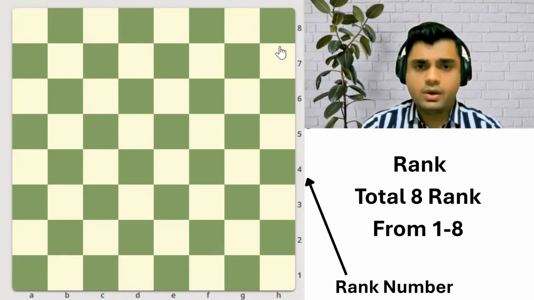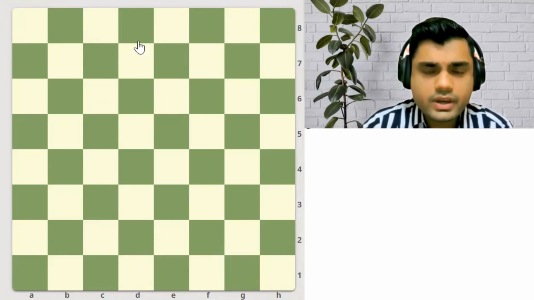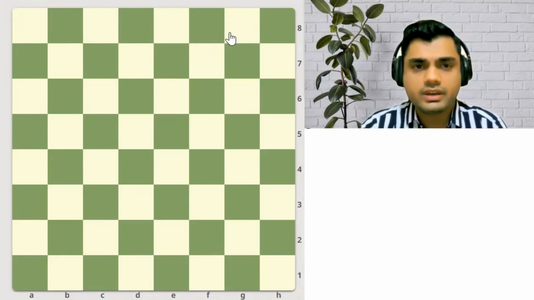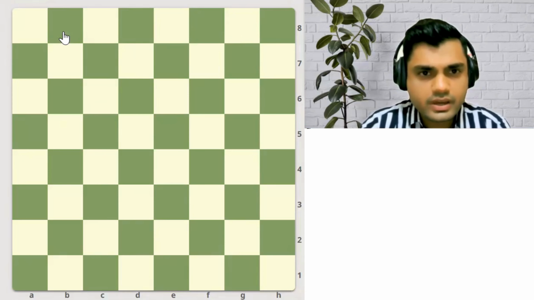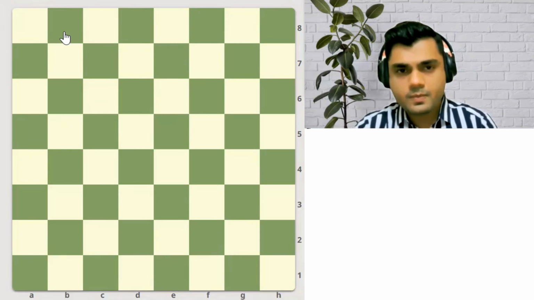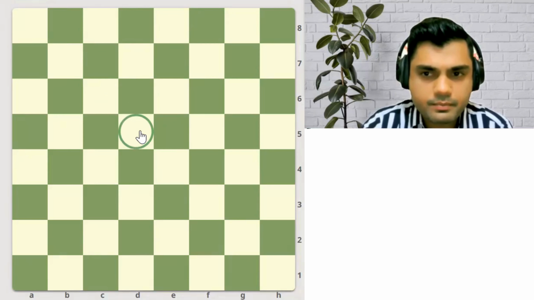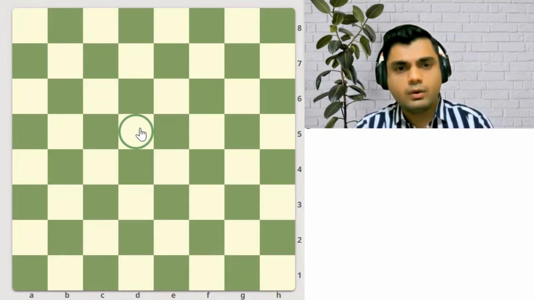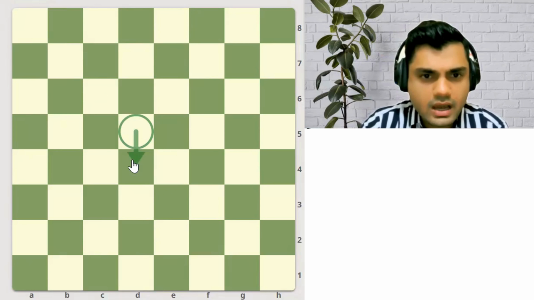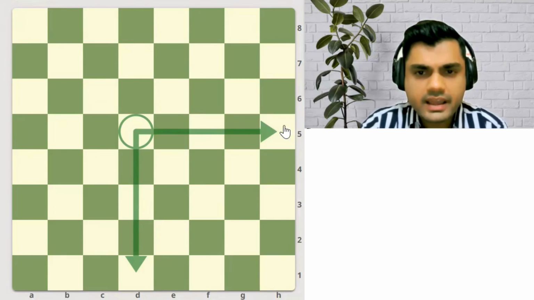Clear? Now each of the 64 squares has a unique name. Now how to find out that name? Let's say I want to find out the name of this square. It is simple. I'll just go down, look at the file name, go to the right, look at the rank number, and add them up.